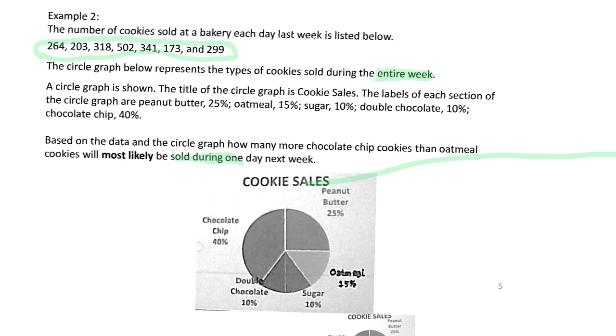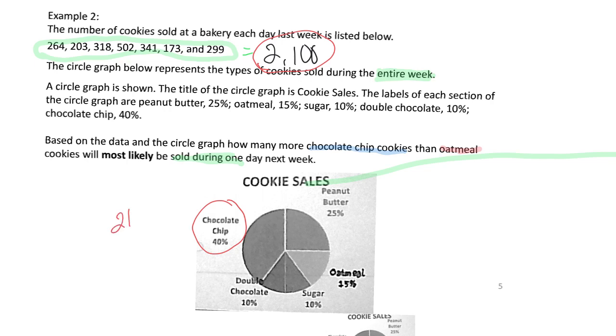So the first thing I would do is add all of those up. When you add all of those up, you get 2,100 cookies, okay? And we want to know chocolate chip versus oatmeal. So I'm going to figure out what percentage of this 2,100 is that 40%.